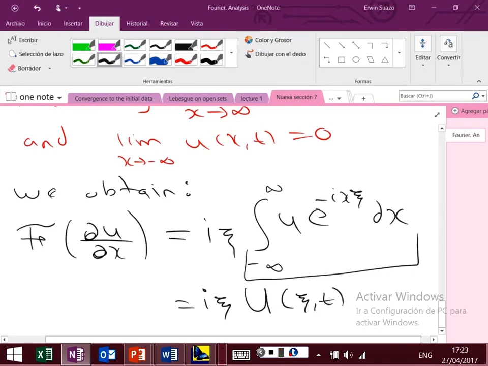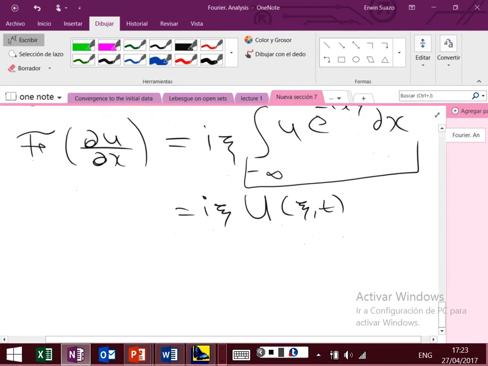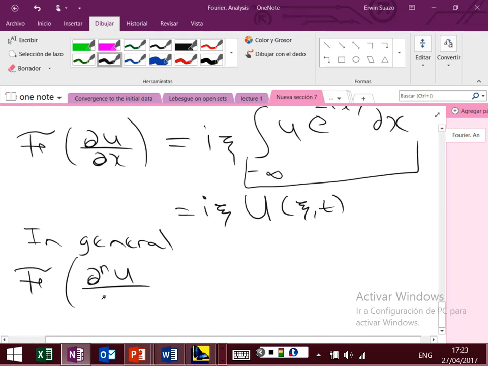So in general we'll have the following formula. You will have to put some conditions, but you will have that the n-th partial derivative with respect to x of u(x,t) has Fourier transform (i xi) to the n times the Fourier transform of u.